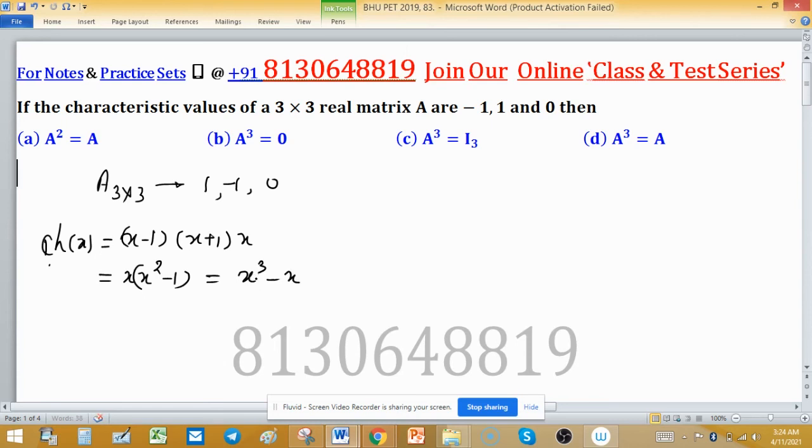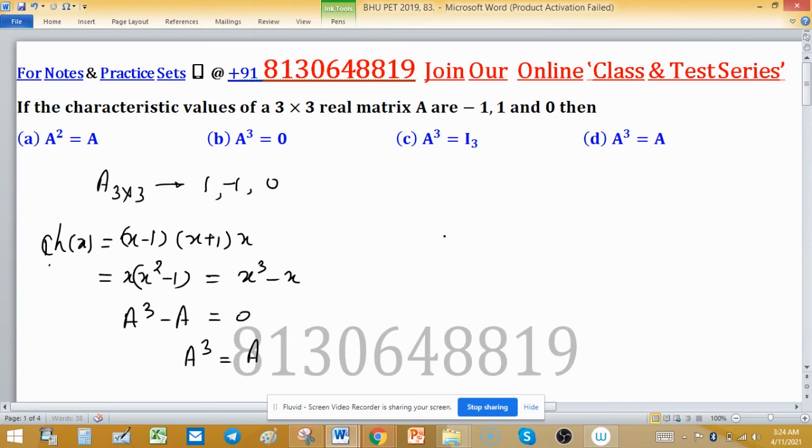And by the Cayley-Hamilton theorem, we know that every matrix satisfies its characteristic polynomial. This means that A cube minus A is 0. This means that A cube is A. So option D is correct.